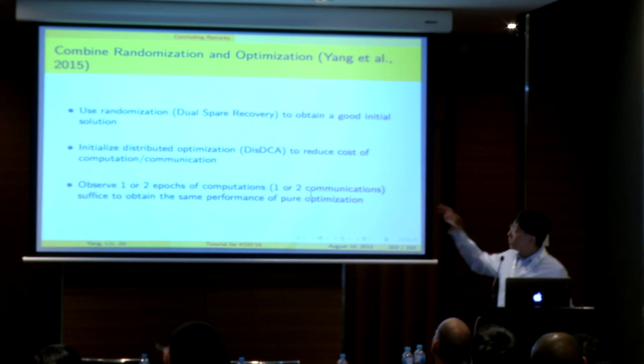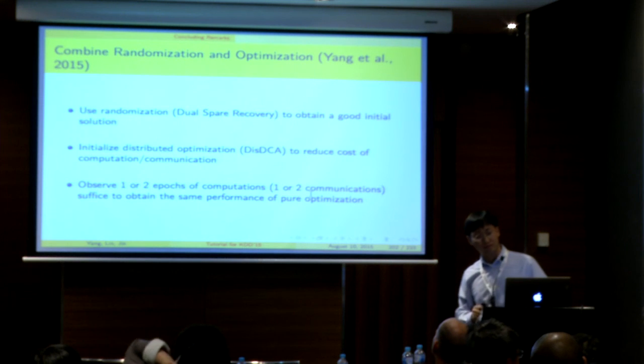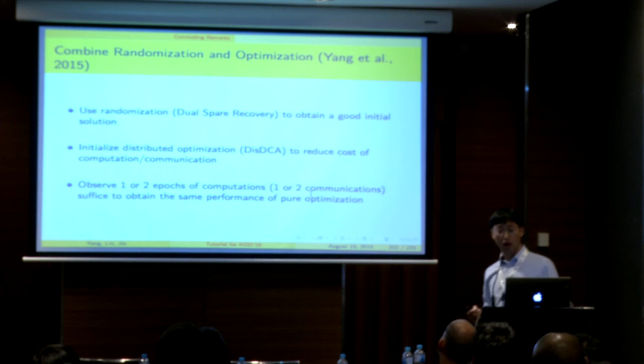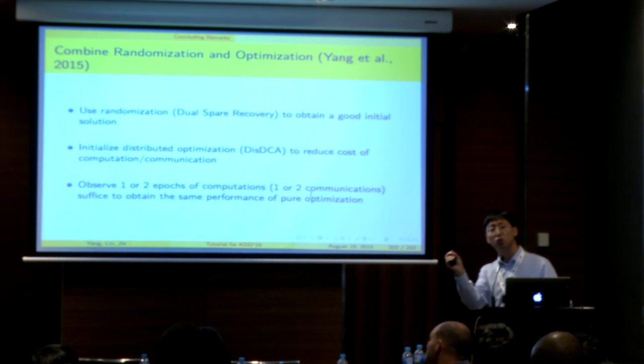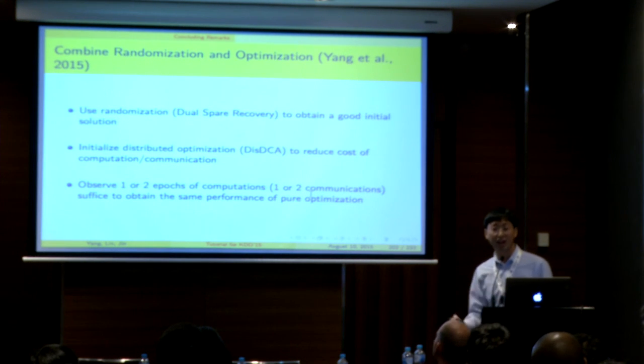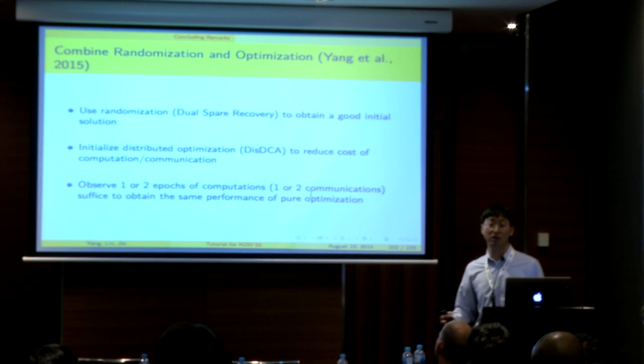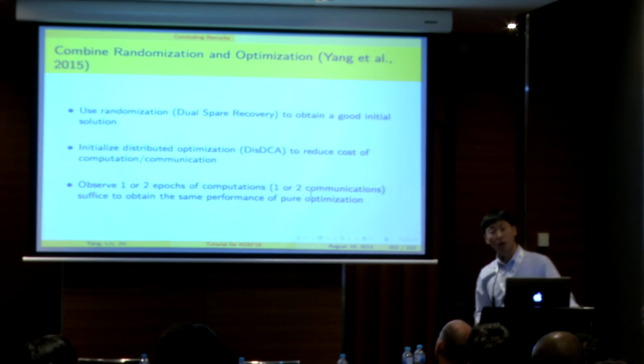We reduce the cost of this distributed optimization using the good initialization we obtained from the randomized approach. And we observe that with only one or two epochs, with only one or two communications, we are getting pretty much the same performance as pure optimization. So we save computation cost dramatically, but obtain pretty much similar performance.